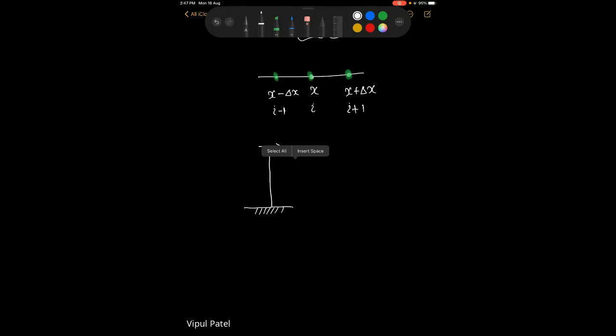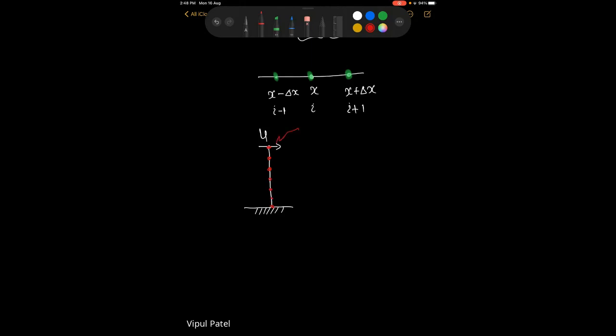Then to get the velocity distribution, let's suppose this is your domain of interest, you first divide this domain into a number of grid points. Let's suppose these are the boundary grids, then you have some intermediate grids, and this is again a boundary grid.